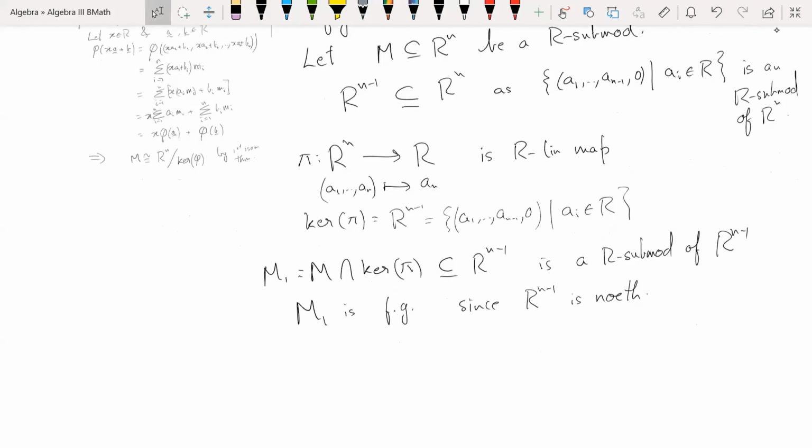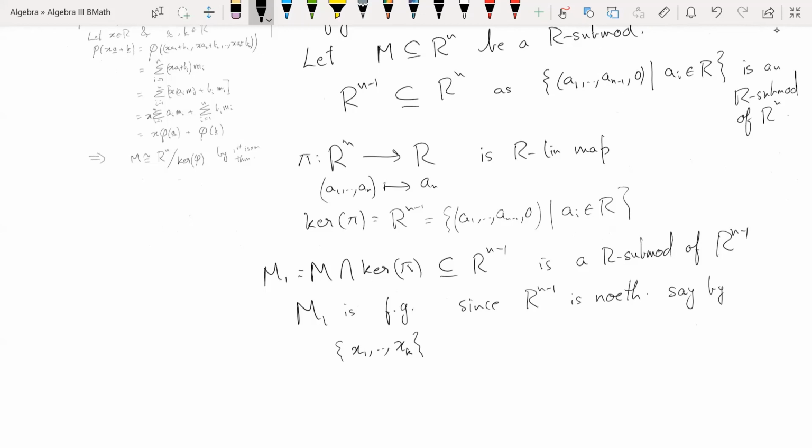So maybe we fix some set of generators, let's call it x1 to xk, the k generators.